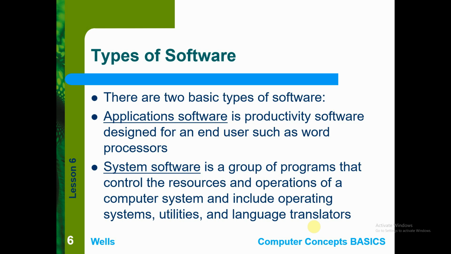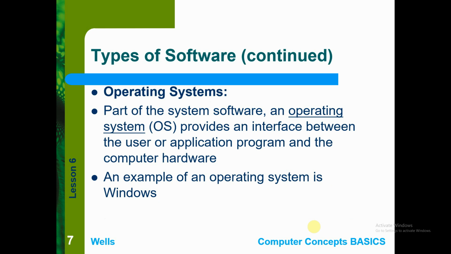So these language translators used to translate these commands and interpret it up to the computer level of understanding and execution. And then for the OS, we have the parts of the operating system wherein it provides interface between a user or an application program and the computer hardware.